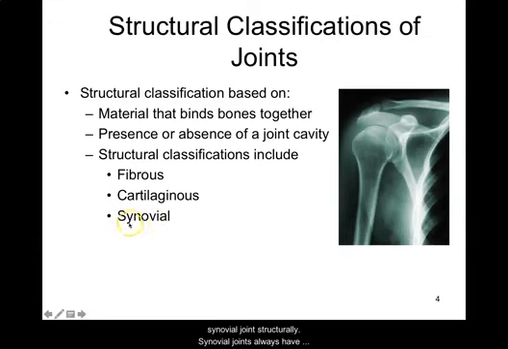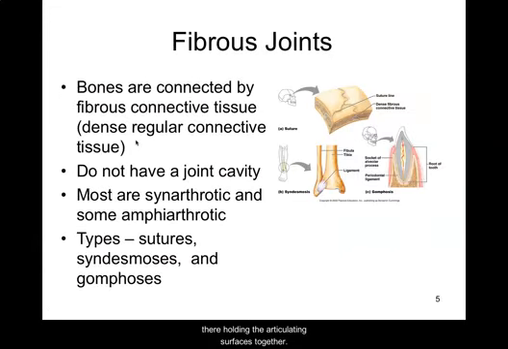Synovial joints always have joint cavities. Now, synovial joints may also have cartilage or may also have fibrous connective tissue, but they're always classified as a synovial joint based on the presence of a joint cavity. Doesn't matter what else is there holding the articulating surfaces together.